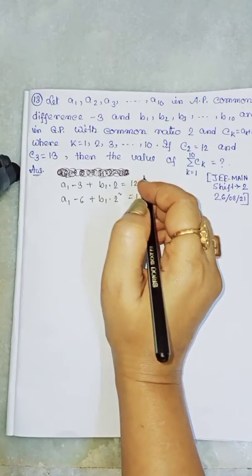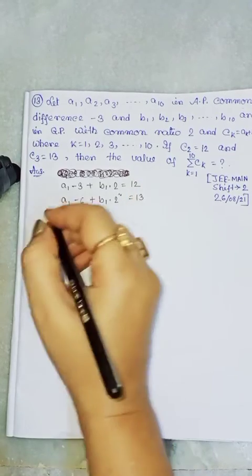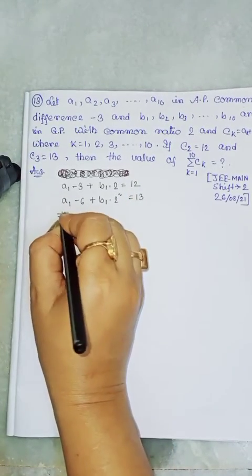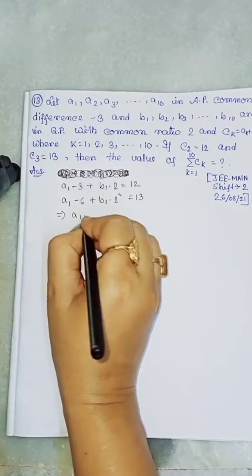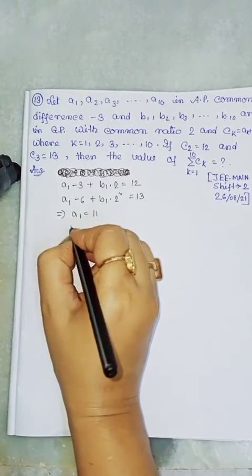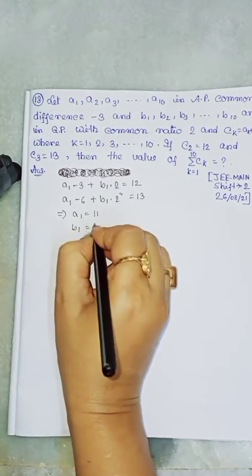B1, B2, B3 are in GP. So from these two, A1 is equal to 11 and B1 is equal to 2.